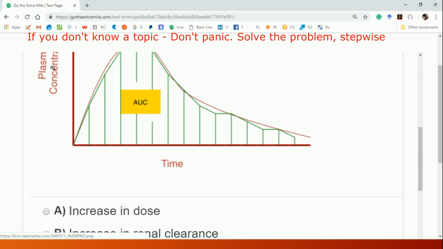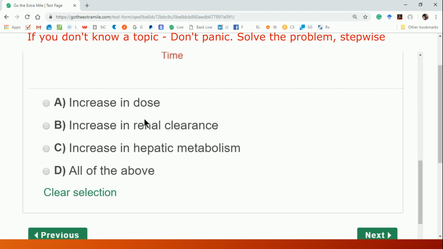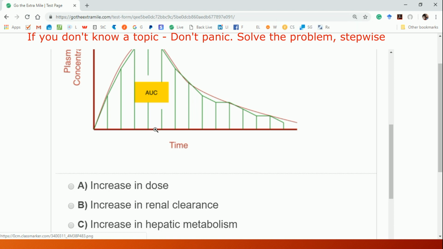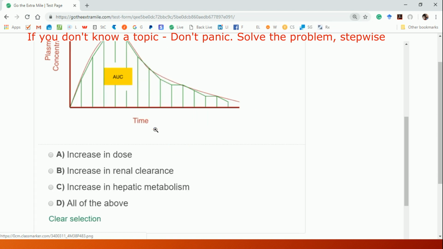So this is the concentration and this is the time, and the area under this curve must be called the area under the curve. Okay, so when is that area going to go up? Let's see.